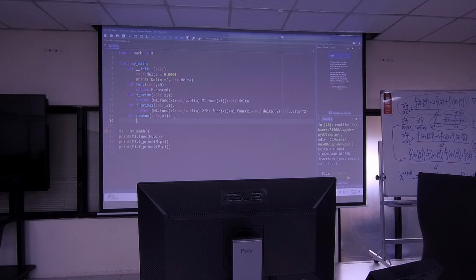Okay, so what does Newton do? Newton's method helps us find the minimum point. So how do you do Newton's method?